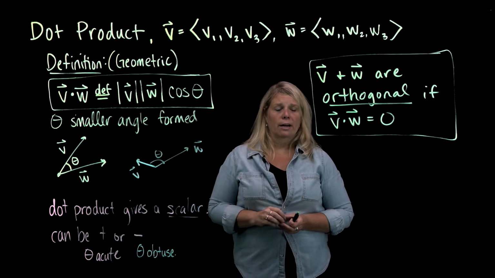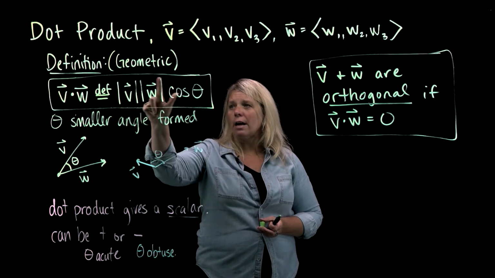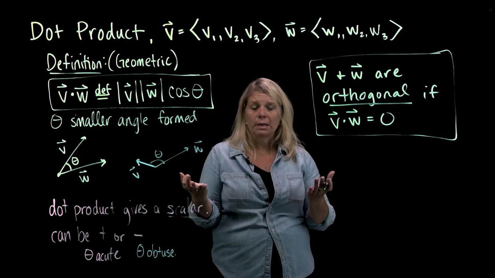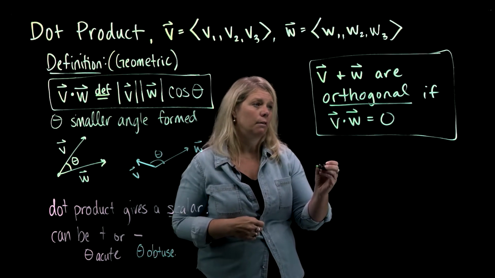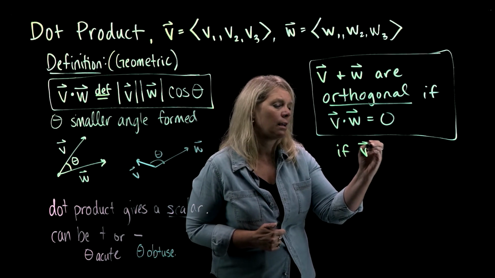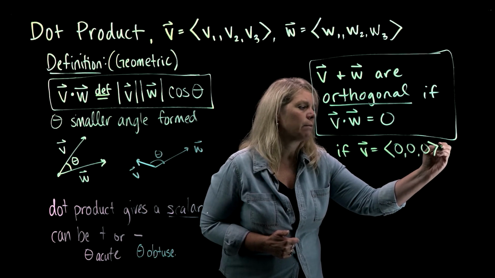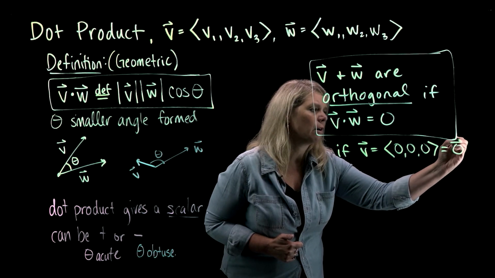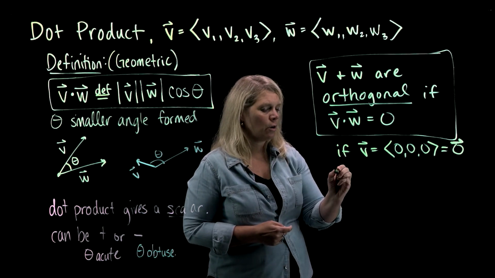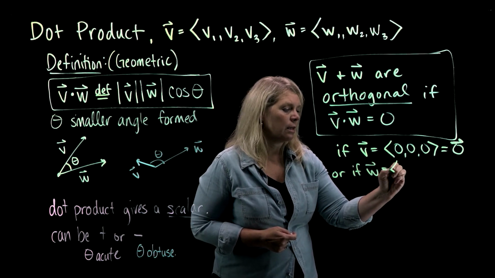So orthogonal vectors happen when the magnitude of one of the vectors is 0. That would mean all the components are 0. So that could happen if v is the 0 vector, all zeros. Or we sometimes denote that as just a 0 with a vector symbol over it, the 0 vector, with components of all zeros. Or if the w vector is all zeros.